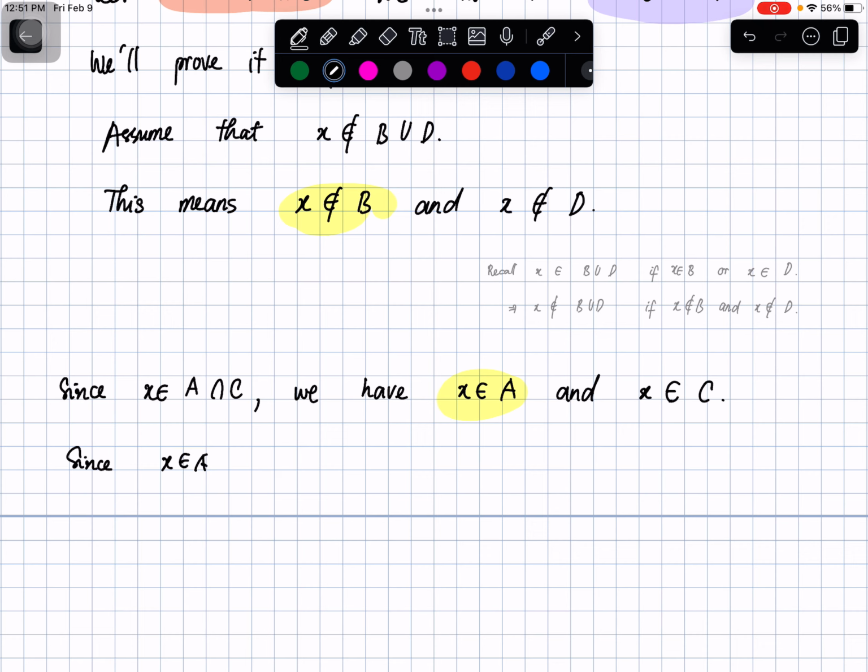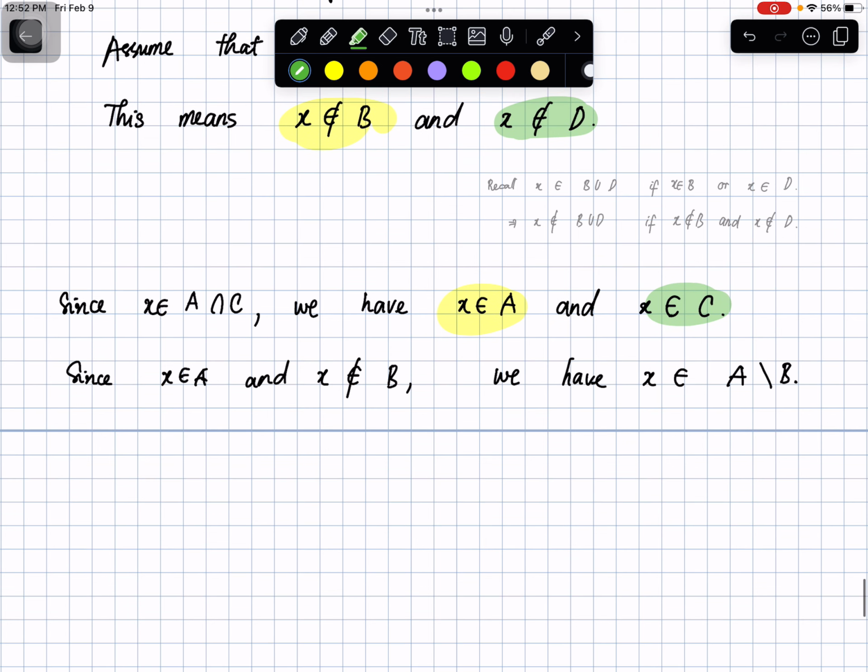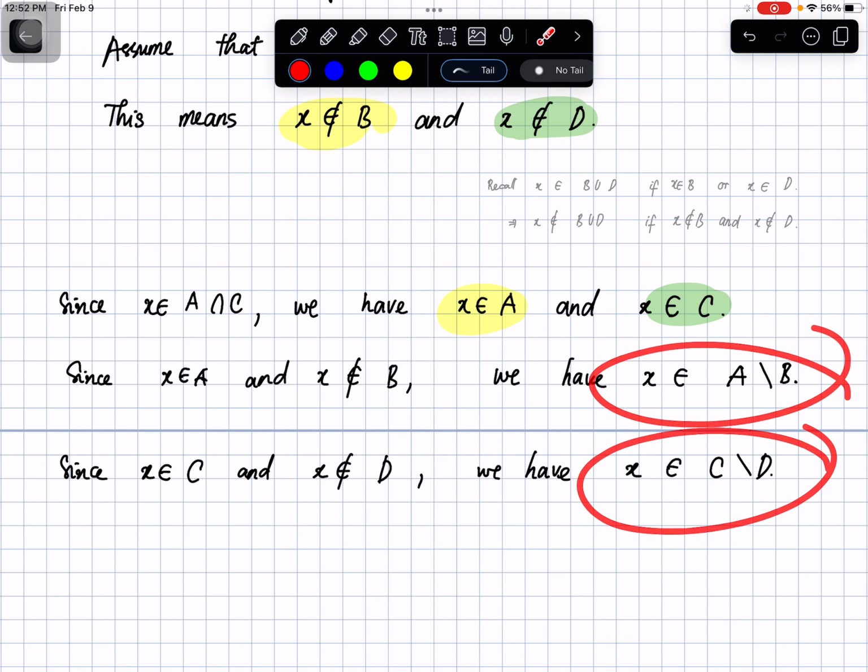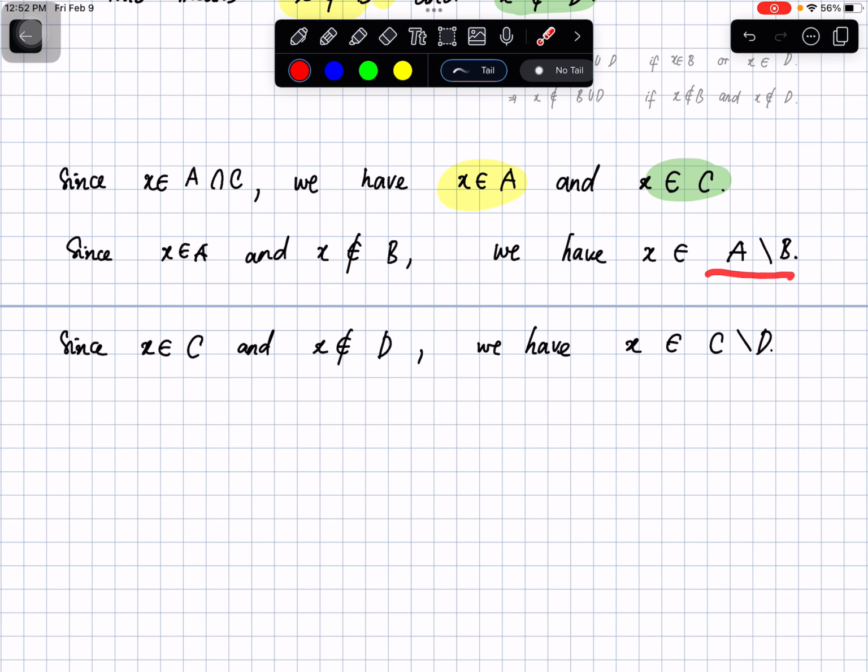And X not in B, we have X in A minus B. So now another one, we have X in C and X not in D. We have X in C minus D. Okay, X in A minus B, X in C minus D, therefore X is in the intersection of the two.